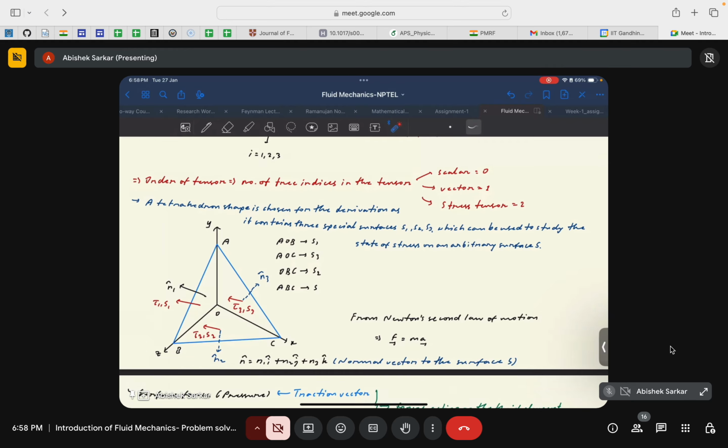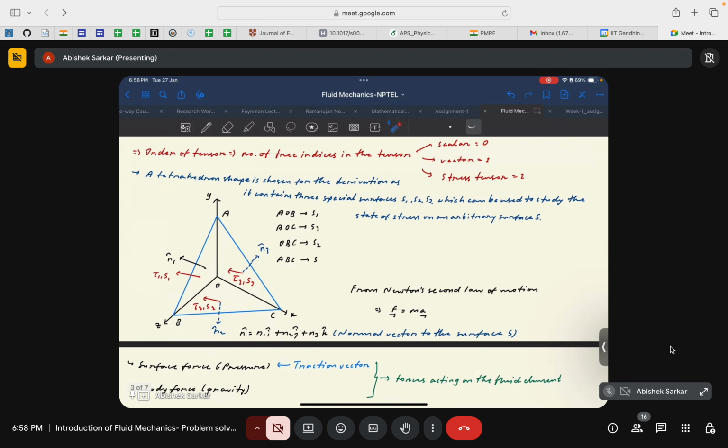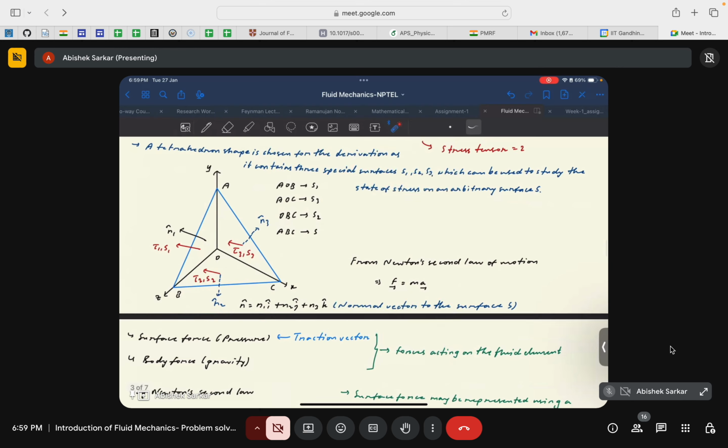That's why we start with scenarios where one of the surfaces is arbitrary, but the other surfaces are aligned with the special Cartesian coordinate directions, which will help us simplify our derivations. I hope this is clear.